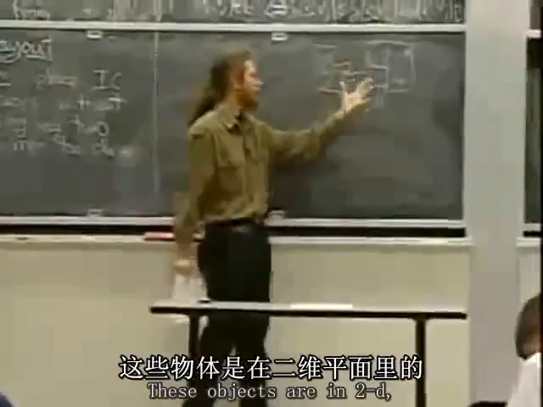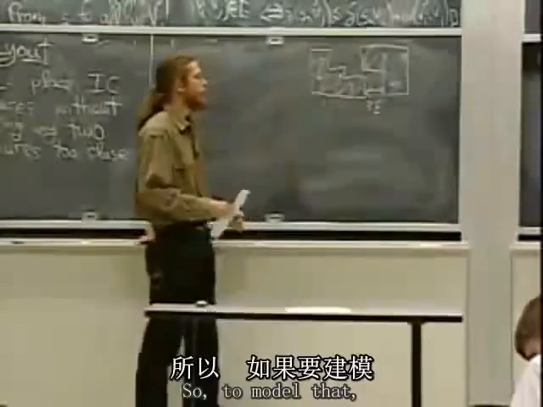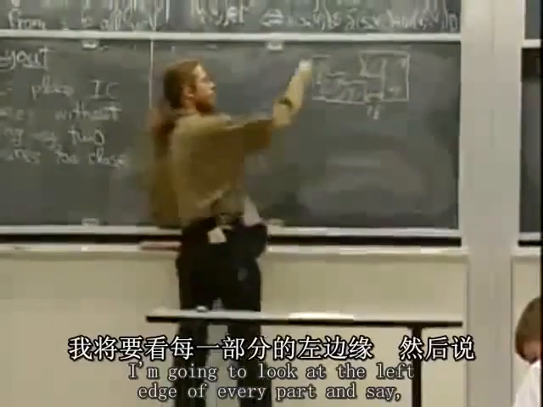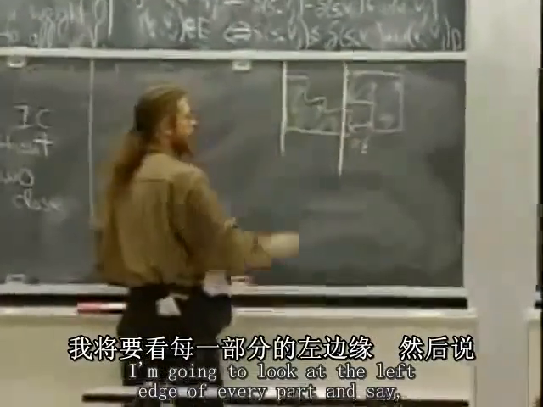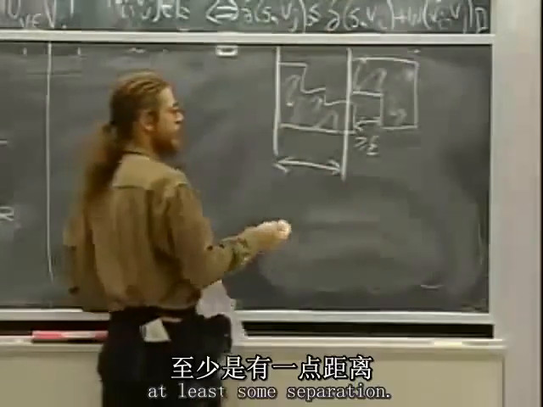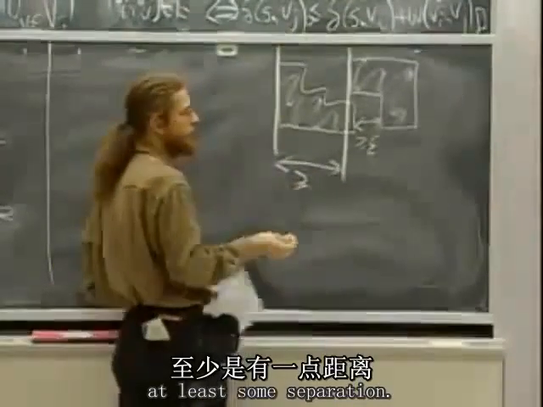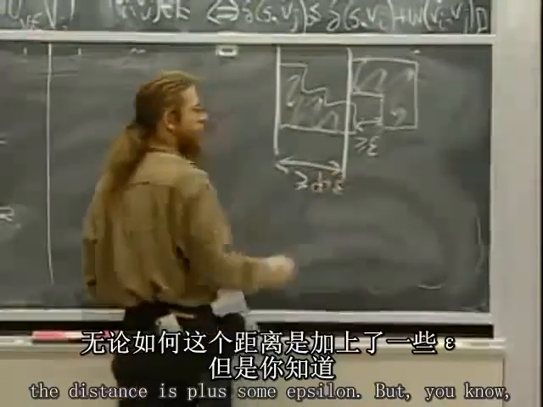These objects are in 2D or whatever, but I can only slide them in the x coordinate. So to model that, I'm going to look at the left edge of every part and say, well, these two left edges should be at least some separation apart. I think of it as whatever their distance is plus some epsilon.